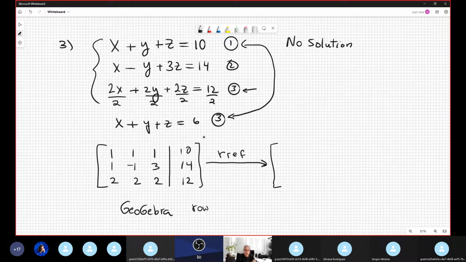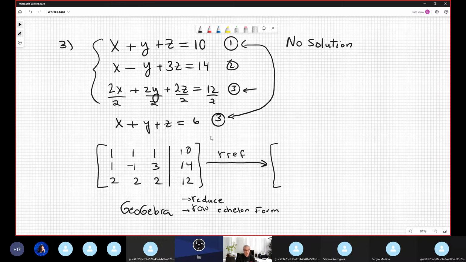The first R is reduced, the second R is row, and echelon is E. You transform this matrix into another matrix, and you see the situation more clearly.